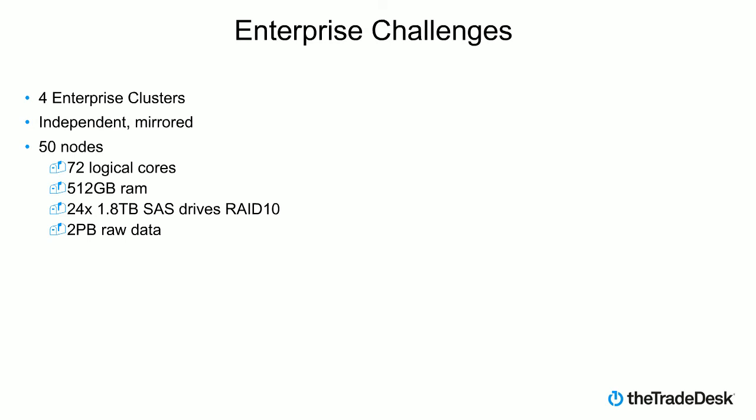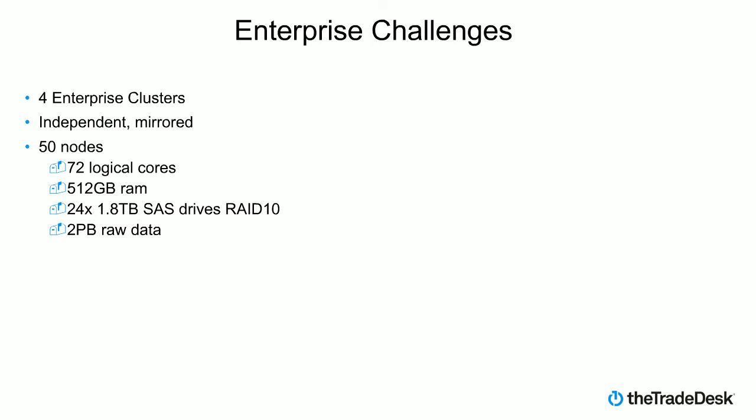And so this worked pretty well for us. But it created some imbalances, and there were some cost concerns that we'll dig into. But just to tell you about each of these clusters, they each had 50 nodes.